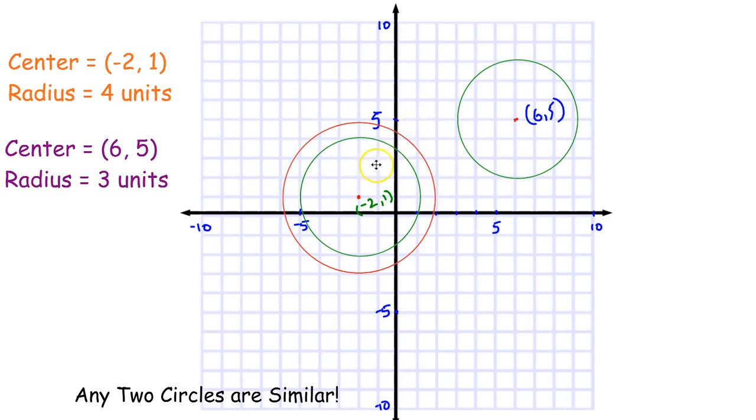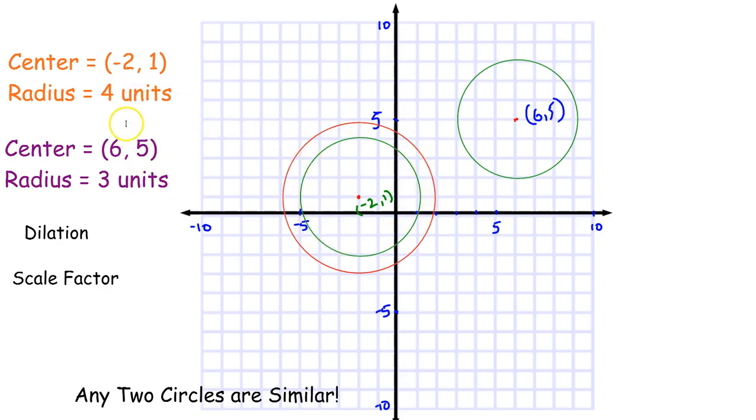Now, what about going from the smaller circle to the bigger circle, or bigger to smaller? We know that we have to dilate. And we also know that in order to dilate a figure into its image, we need a scale factor. In this case, the radius of the first circle is 4 units.